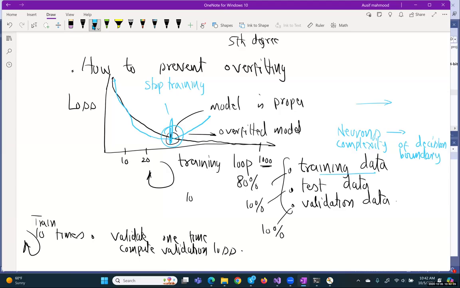For example, if you already know the data is linearly separable, there's no need to pick more than one neuron. If you know the decision boundary maybe has two curves like this, 3 neurons may be enough.